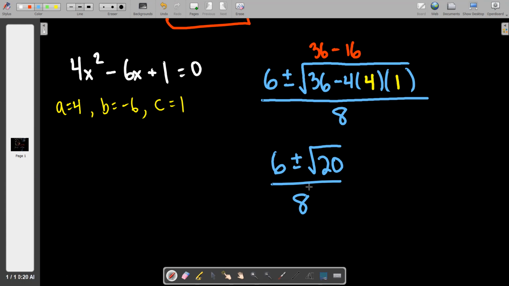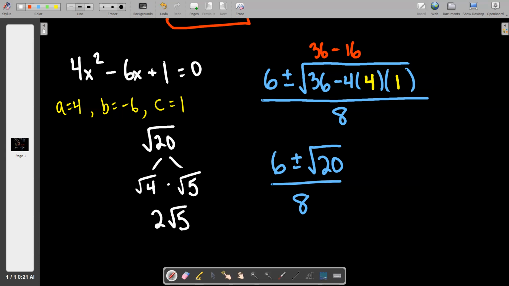But 20, who do we think of when we think of 20? 4 and 5, right? 2 and 10 are trash, but 4 and 5 are lovely because if you bust down into two roots and put 4 and 5, what's the square root of 4? So 2 root 5. So yet again, get used to this. This just is like anything else in your life.